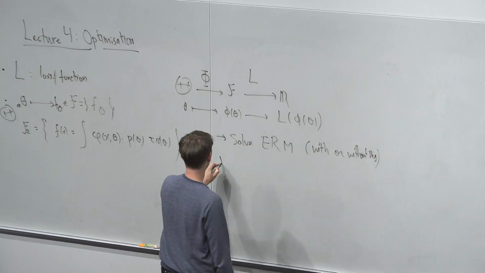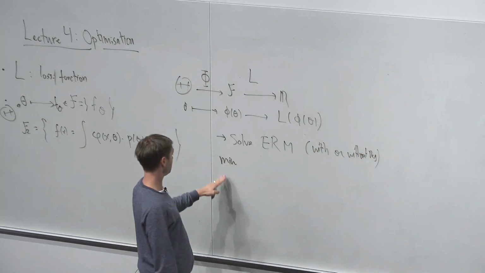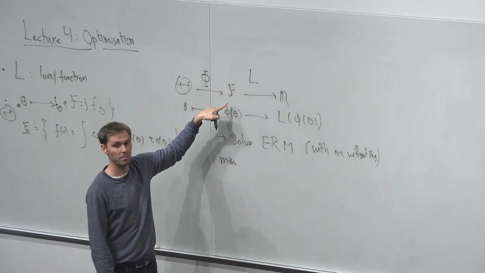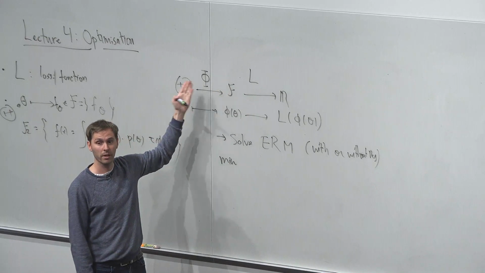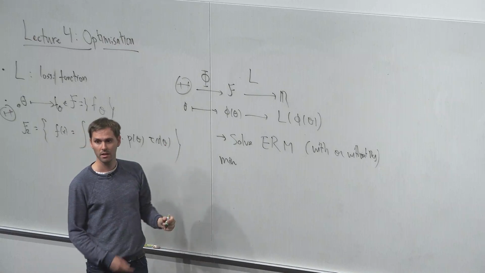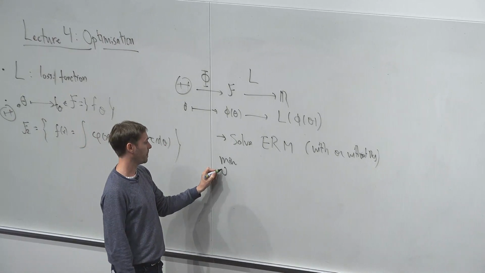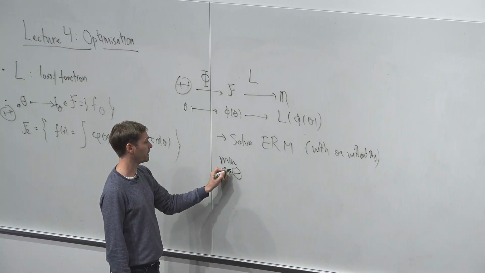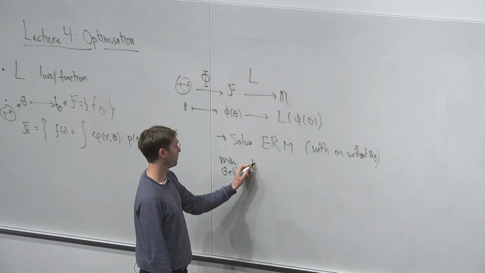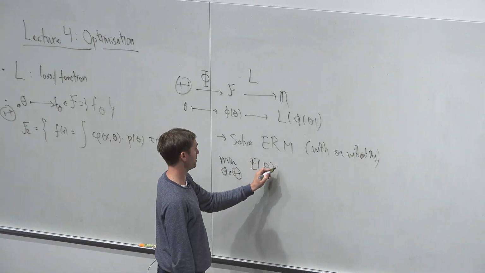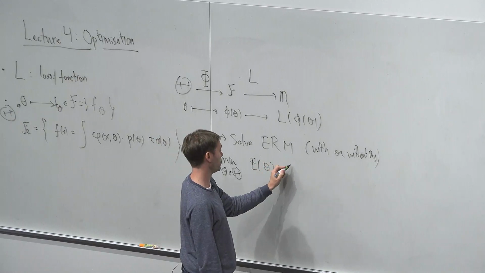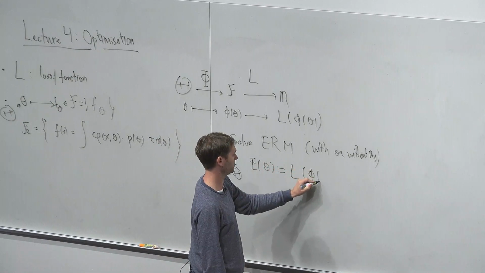That essentially involves minimizing this loss over function space, right? But now, because we have a way to parameterize this function space, it's very natural to express this minimization problem in terms of parameters. We have parameters, and now we can call this function, by definition, the composition of L with phi.